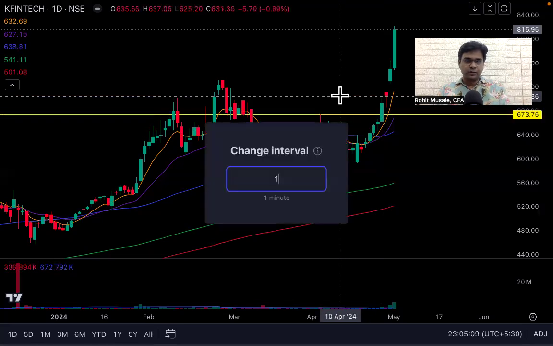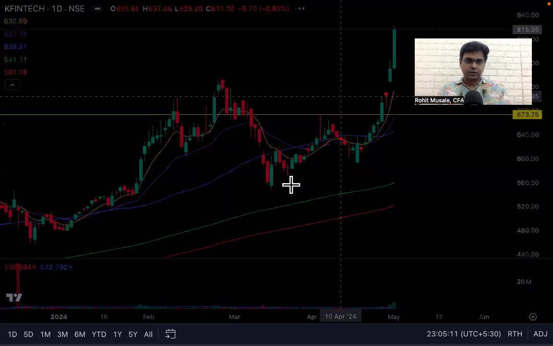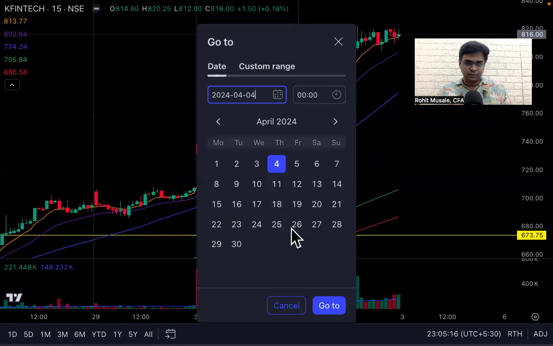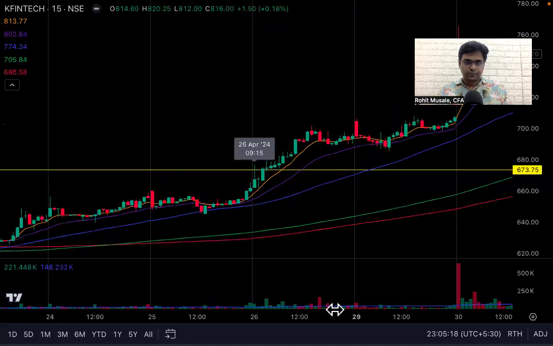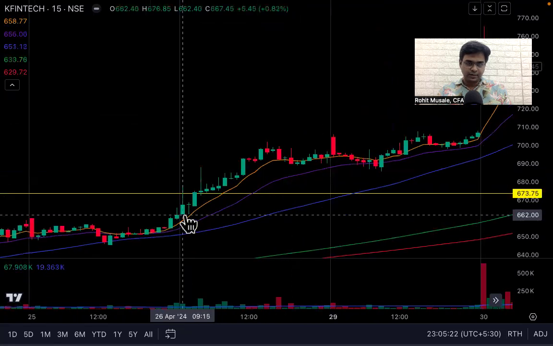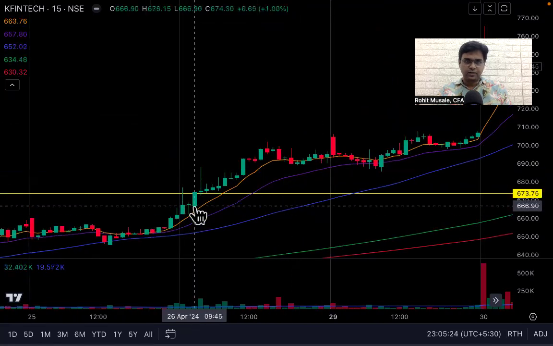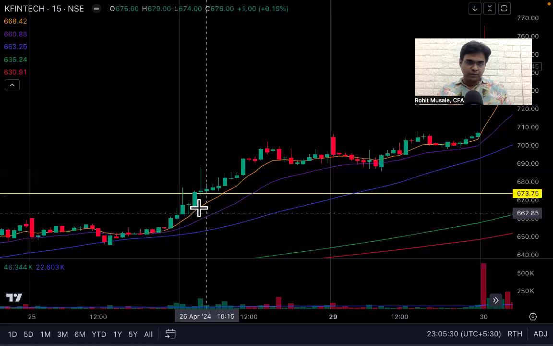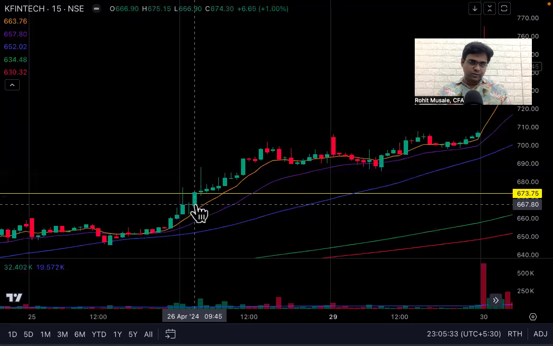So I immediately went to the 15-minute chart to execute the trade. On the 15-minute chart, let us go to 26th of April. Here, on 26th April, this is the first candle, this is the second candle, and this is the third candle. This closes above the yellow line. But if you notice, almost 90% of the candle is below the yellow line.